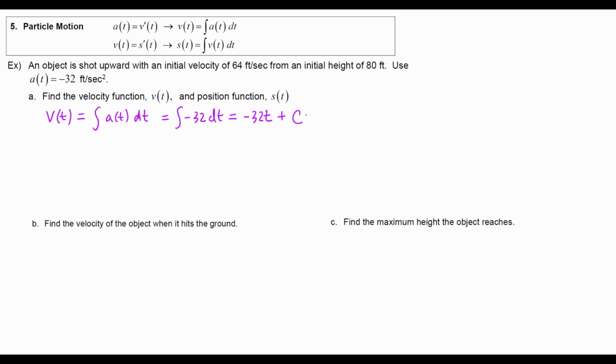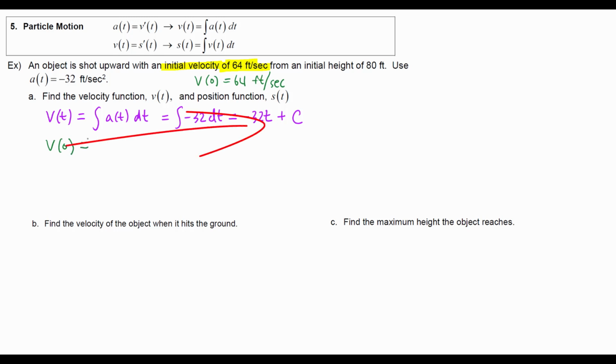But what was the initial velocity? Initial velocity will be the velocity at time 0. So when they say initial velocity of 64, they're telling you that v of 0 is 64 feet per second. Now I'm going to use that information to find my c.